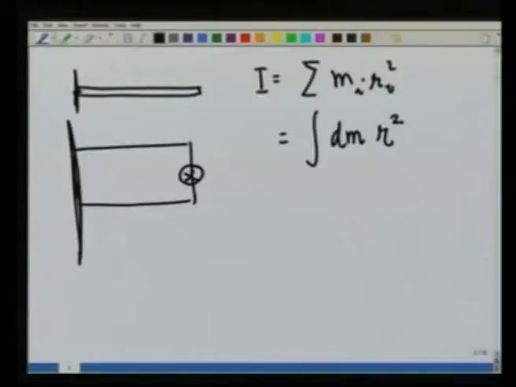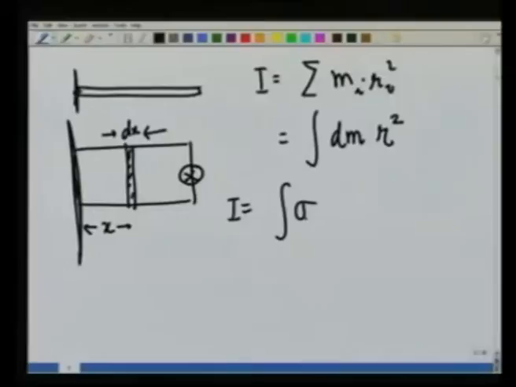For example, in this case, if I take a small strip here at distance x, the width of this strip is dx, then the I for this would be given as integral sigma, I will define what sigma is in a moment, dx times the width of the rectangle times x square, where x square is the square of the perpendicular distance from the axis of rotation of this mass dm.